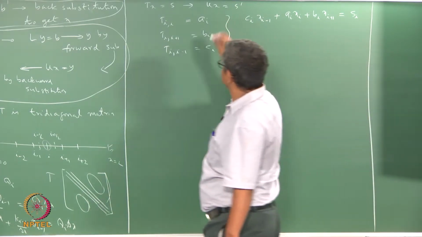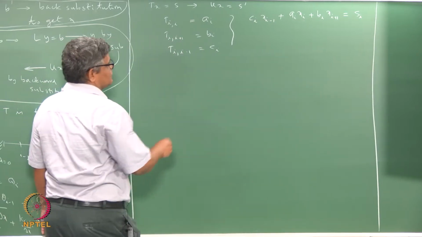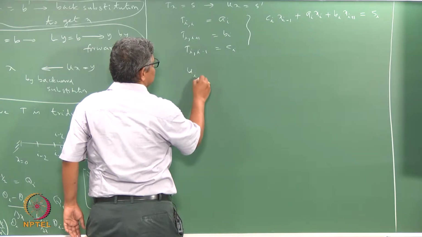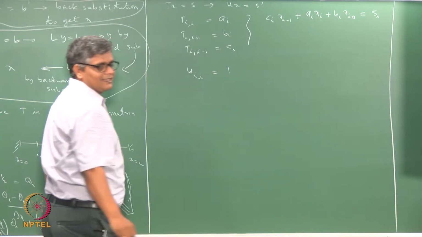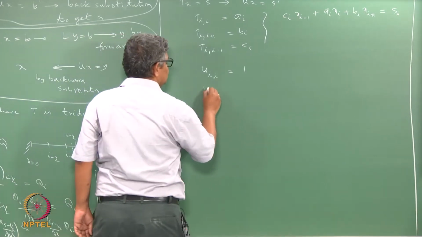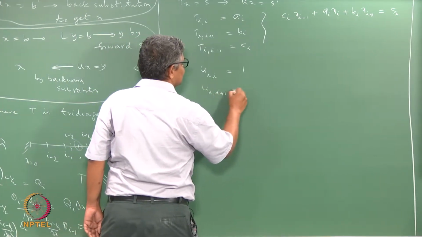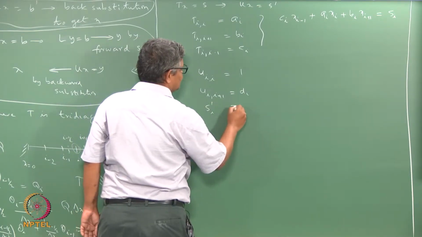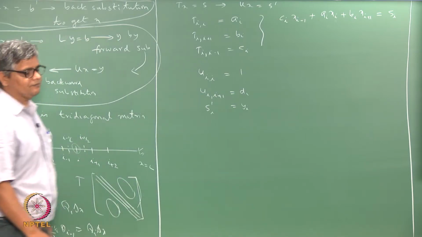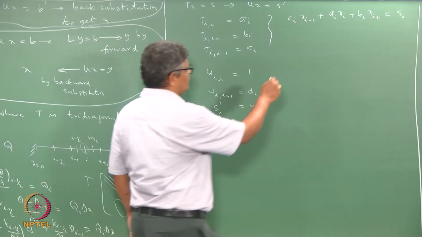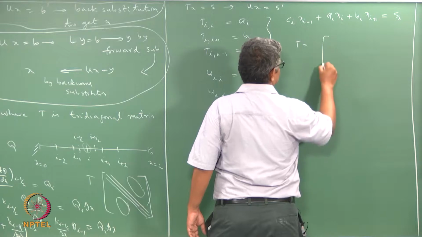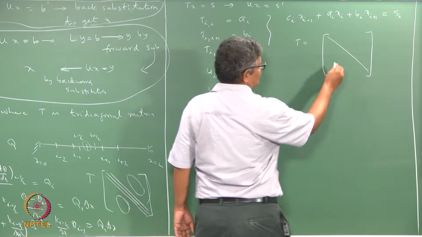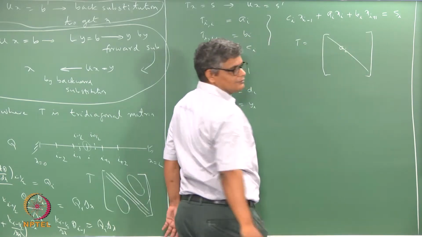and we would like to convert this into Ux equal to S prime, where U I comma I is taken to be 1 and U I comma I plus 1 is given as Di, and S prime I is given as Yi. Okay. So, the form of T is such that this central diagonal has coefficient Ai.